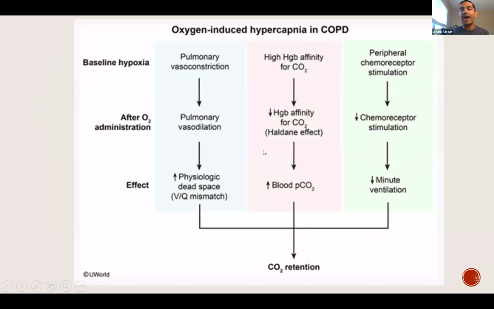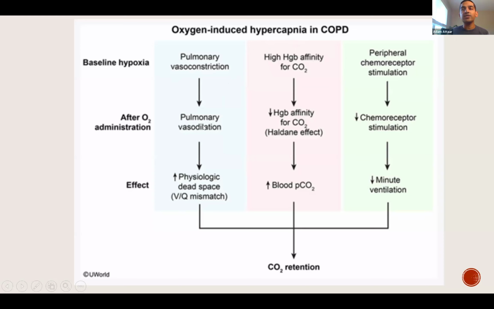Why don't we titrate higher amounts of oxygen saturation? Take this patient above 95%. Why don't we titrate them up to 100%? There is detriment to doing this. One of the issues is the risk of developing oxygen-induced hypercapnia. This develops based on two mechanisms. One, normally the lung will divert blood away from less well-functioning units by pulmonary vasoconstriction, and this helps the VQ.